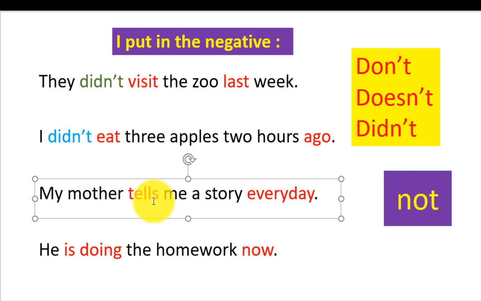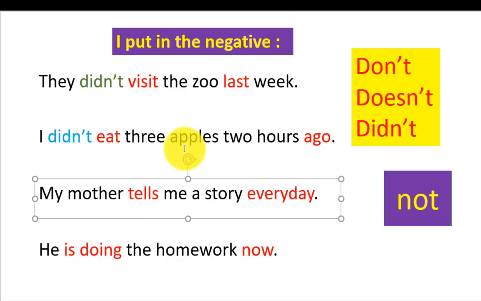We have tells in the present simple. So, what do we have to do? Yes, we have to omit this. We have to remove didn't. Why? Because we don't need it. It's in the past and here is the present. So we will use either don't or doesn't.